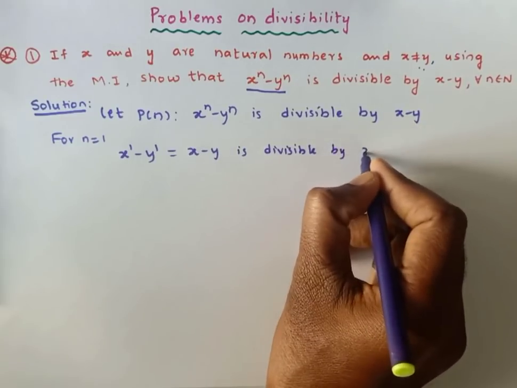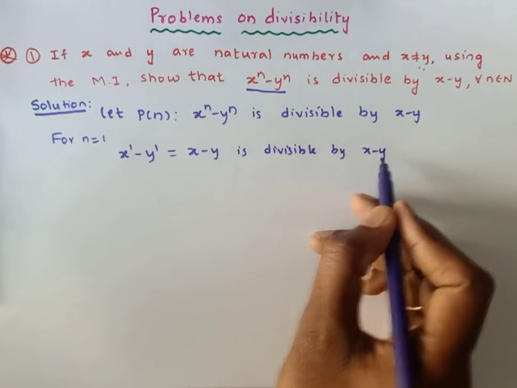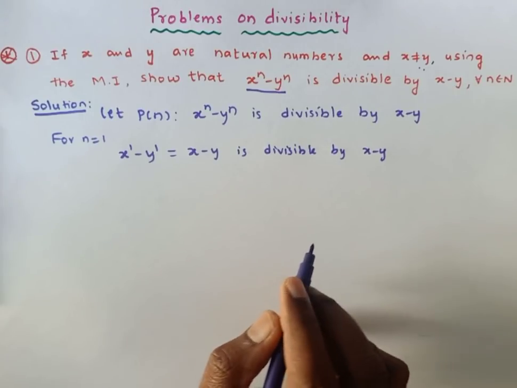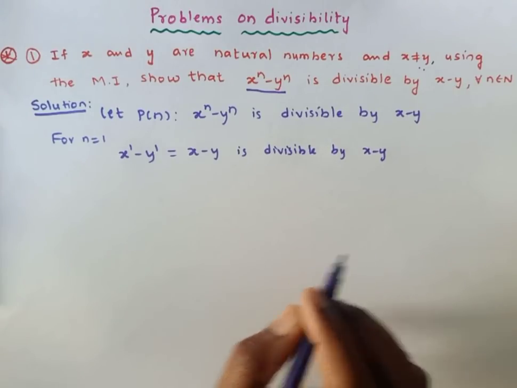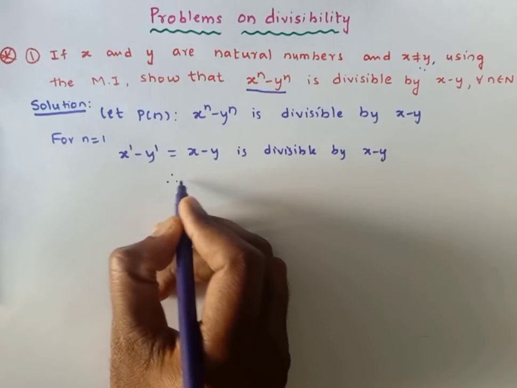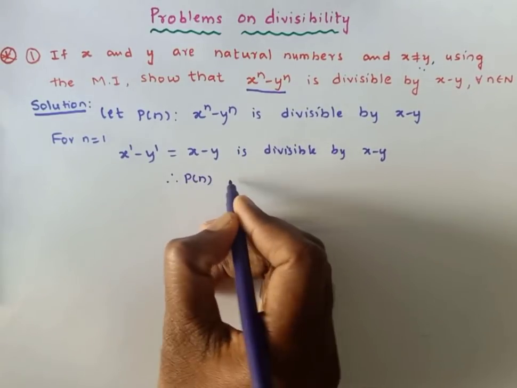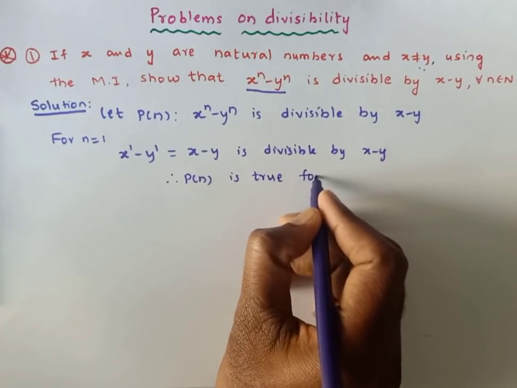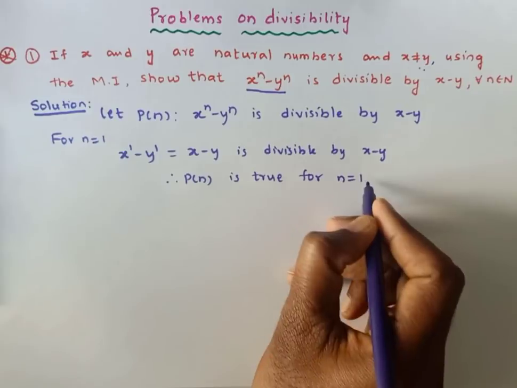This is the same number, and the same number is always divisible by itself. Therefore, we can conclude the given statement p of n is true for n equals 1.